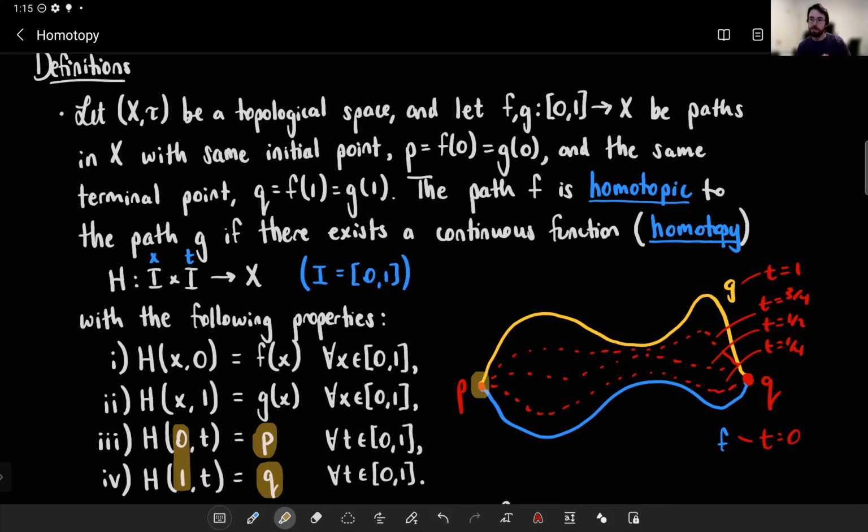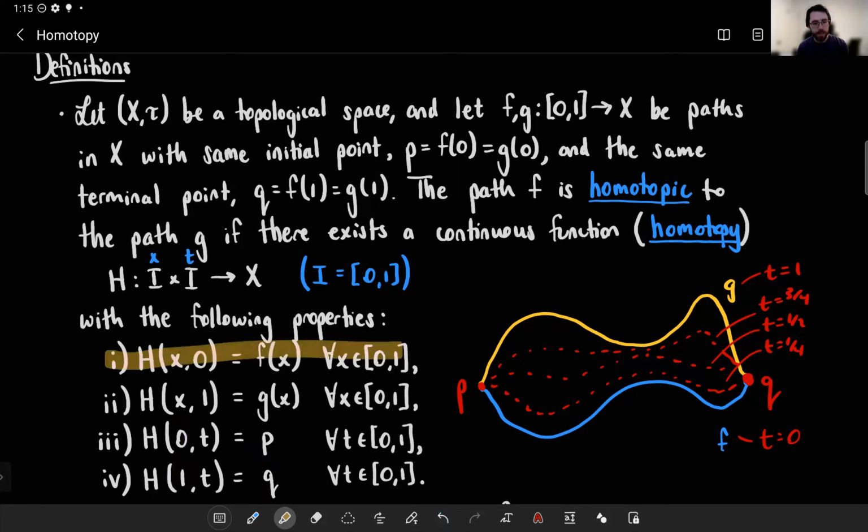We're not moving that around, right? We're fixing it in place. And again, you can define a more general notion of homotopy that allows you to move endpoints, but we're starting easy. Similarly, over here at this other endpoint, we want that to be fixed at Q. So that's what those final 2 properties mean.